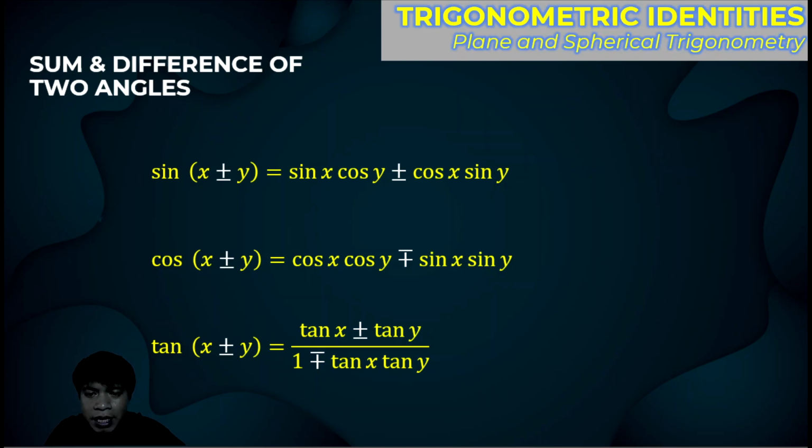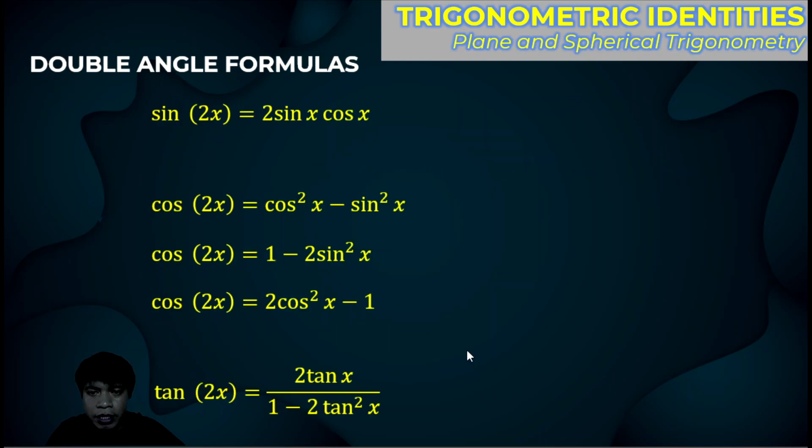So madali lang siya guys na i-derive. Kasi syempre, kung tangent x ito tsaka tangent x ito, edi magiging 2 tangent x dito, di ba? So madali na lang siyang i-derive kung sakaling makalimutan nyo. Okay, so actually hindi mo kailangan i-memorize to guys, kasi pwede naman siyang i-derive na mabilisan.